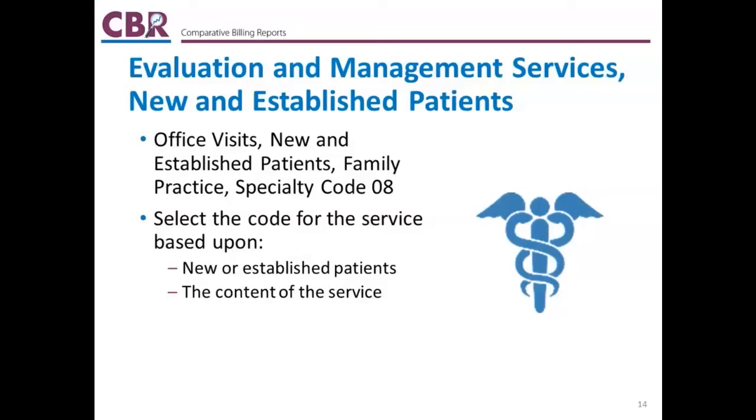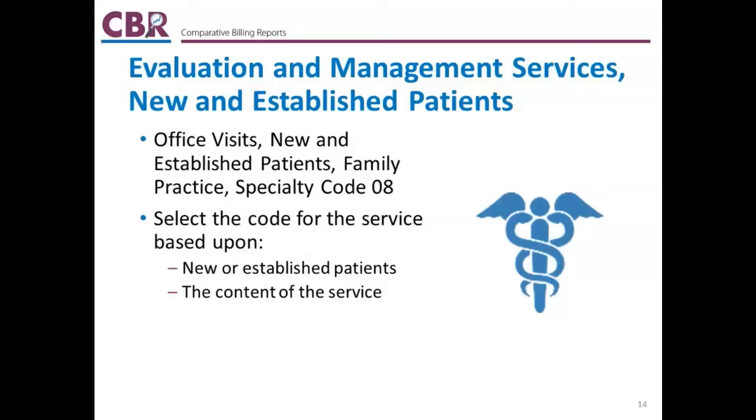The claims processing manual instructs us to select the code for the service based upon the content and the level of service. And in order to do so, 5 codes are assigned to each group of office visits. The codes for new patient office visits are represented by 99201, 99202, 99203, 99204, and 99205.